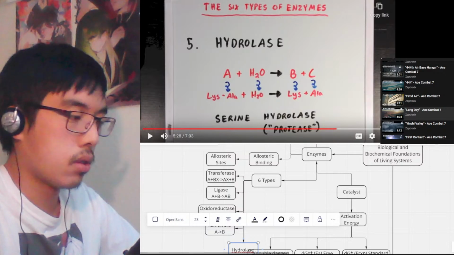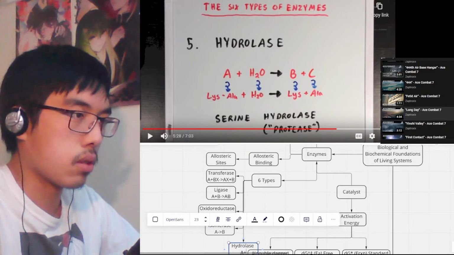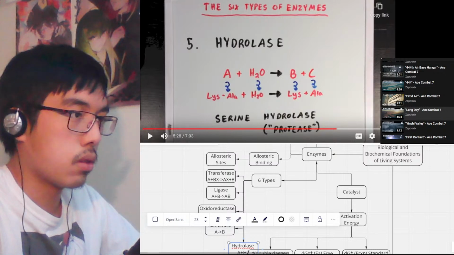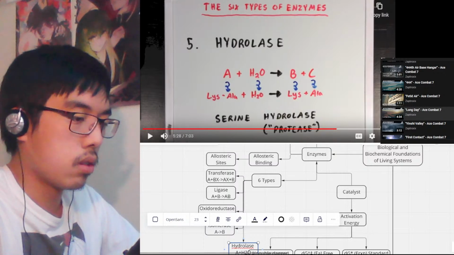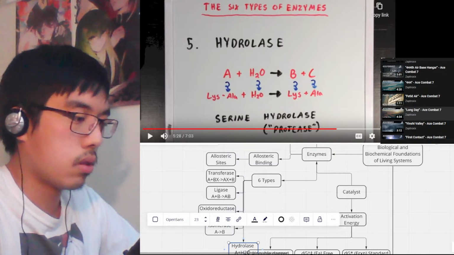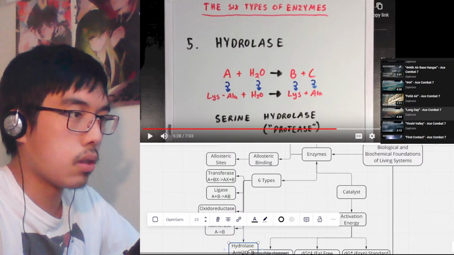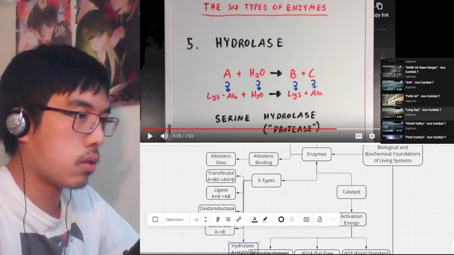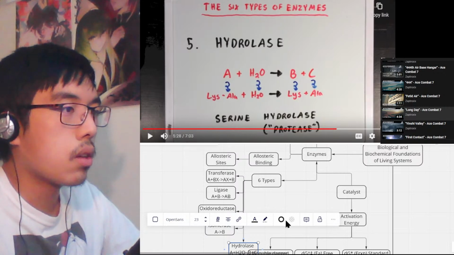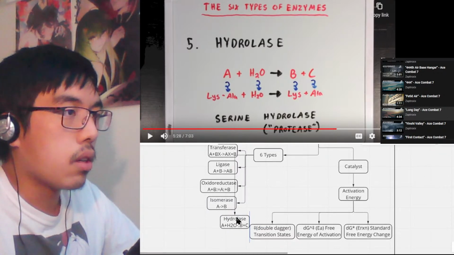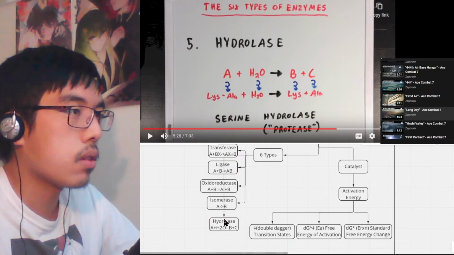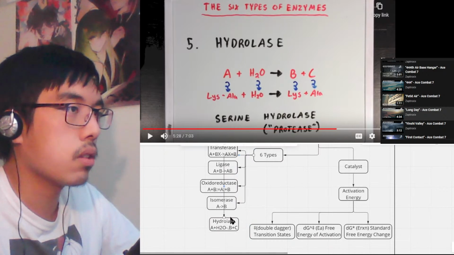Hydrolase. A plus H2O becomes B plus C. Okay. Did not mean to put that period there.